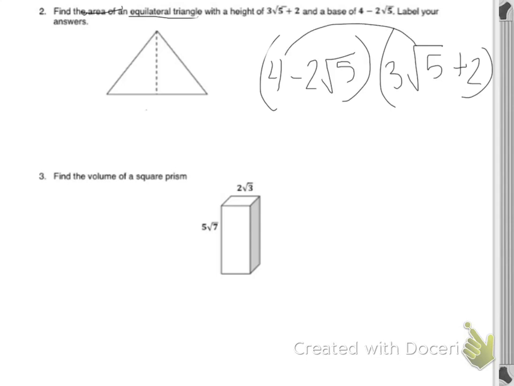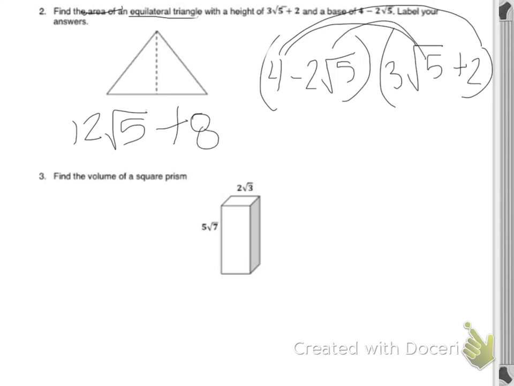4 times 3 square root of 5 is 12 square root of 5. 4 times 2 is 8. Negative 2 square root of 5 times 3 square root of 5 is negative 6 times 5, which would be negative 30.